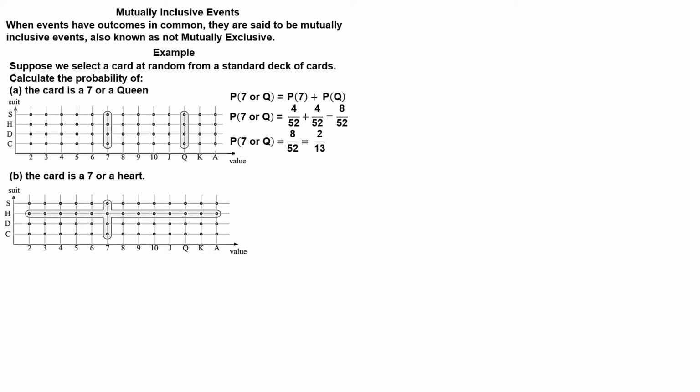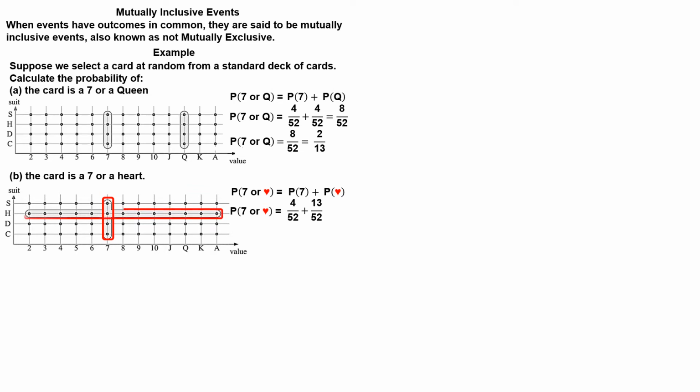If we calculate the probability in the same way as we did above, we get a big problem. Take a look. The 7 of hearts appears in the probability of the 7 and in the probability of hearts.